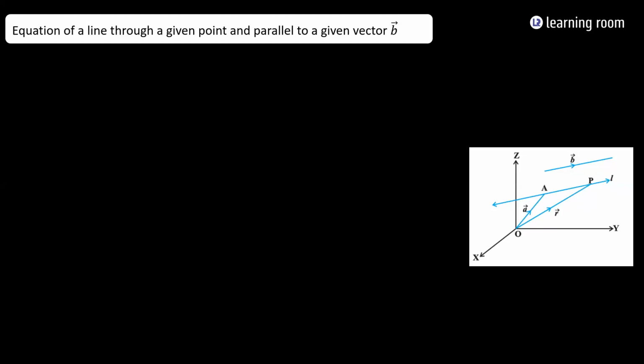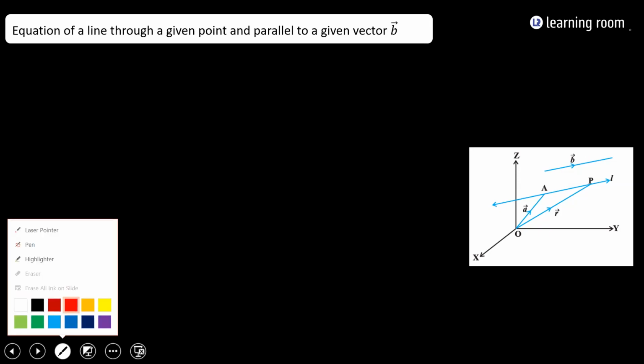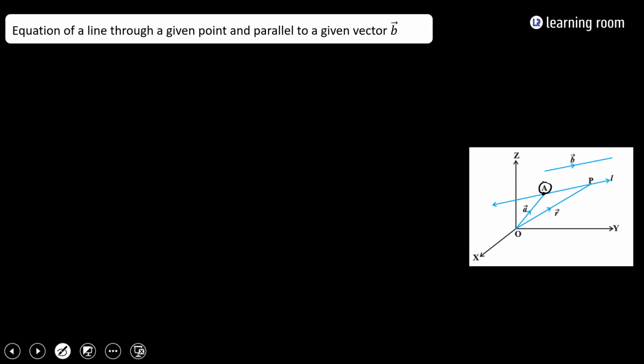Meaning, we are given a point through which this line is going to pass. So let me call that point A, right? And there is a vector b to which the expected line L is parallel. So there is a line that is passing through the given point, and the name of the line is going to be L. Now, if you observe, this line L for which the equation is expected is parallel to another vector b.